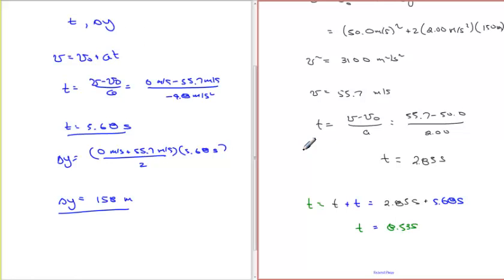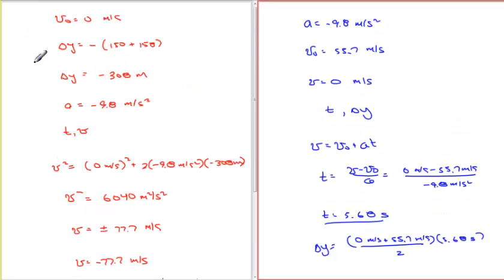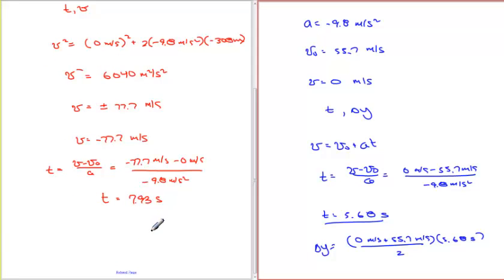And then the final question is, how long is the rocket in the air? Well, we take this and then we add another, we take the red time, which is 7.93 seconds. So we take 7.93 plus 8.53, we get 16.43 seconds.